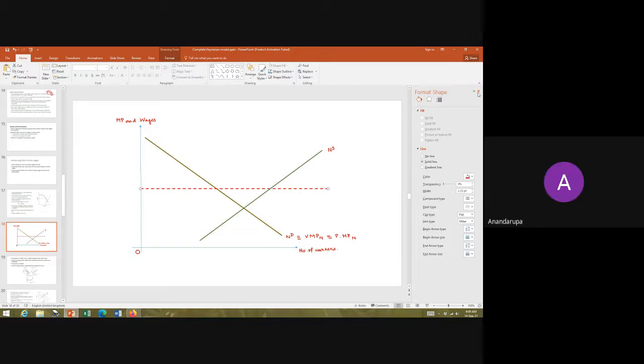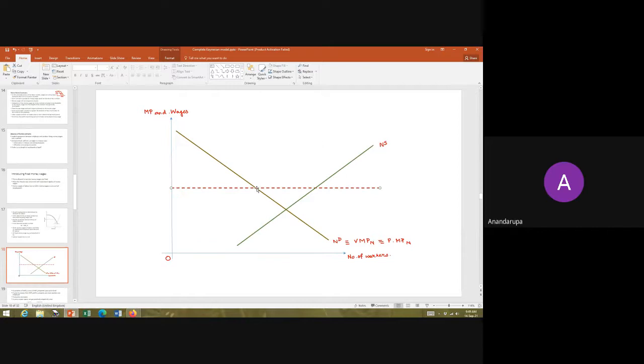No, sir. So only this amount of workers will be employed. So employment is determined by the intersection of the wage line and the demand curve for labor.